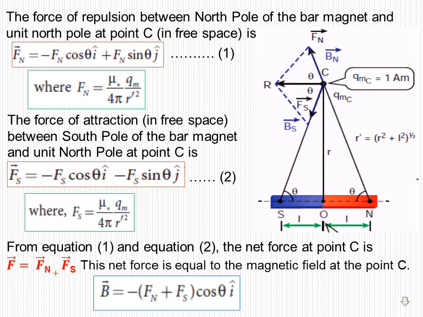From equations 1 and 2, the net force at point C is F vector is equal to F vector n plus F vector s. This net force is equal to the magnetic field at the point. B vector is equal to minus (Fn plus Fs) cos theta i cap.